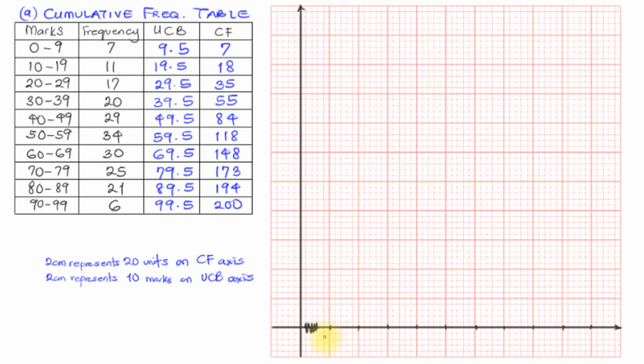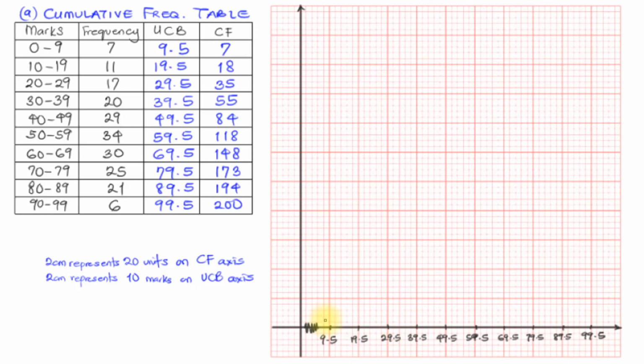So I want to say I'm starting this from 9.5. Okay, so this will be 19.5, this will be 29.5, this will be 39.5, then 49.5, 59.5, then 69.5, 79.5, 89.5, and 99.5. And you can see it scale appropriately.